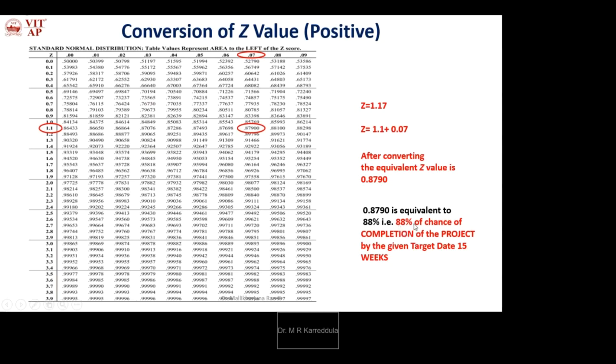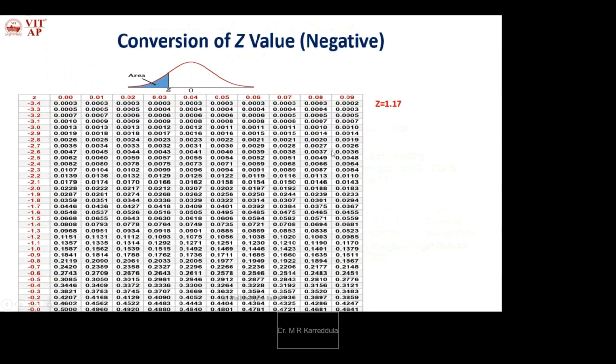Similarly, for the negative side, the conversion of the Z value in a negative way: Z equals minus 1.17, that is minus 1.1 plus 0.07, and its corresponding value is 0.1210.